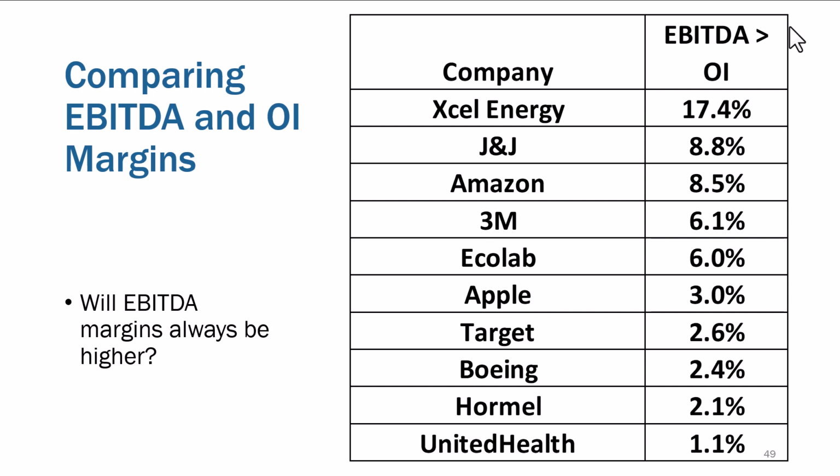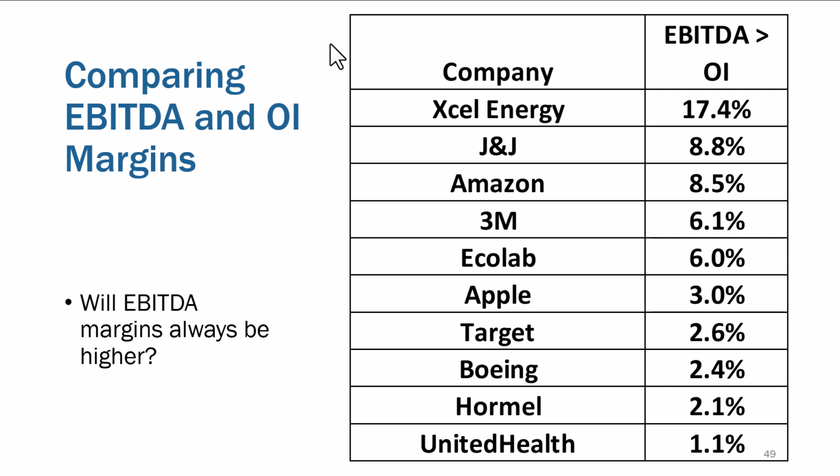But compare these right here. Xcel Energy has EBITDA margins a lot higher than operating income margins. Why? It has a ton of depreciation with all that infrastructure. Johnson & Johnson has a ton of intangible assets, and therefore a ton of amortization. Amazon is developing a huge amount of infrastructure, so they have a lot of depreciation.